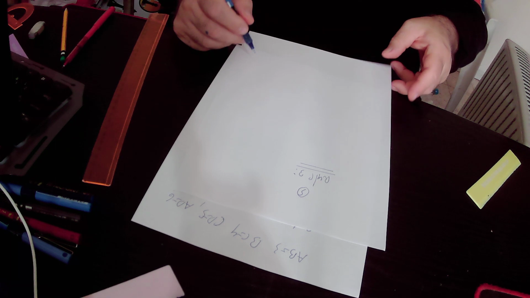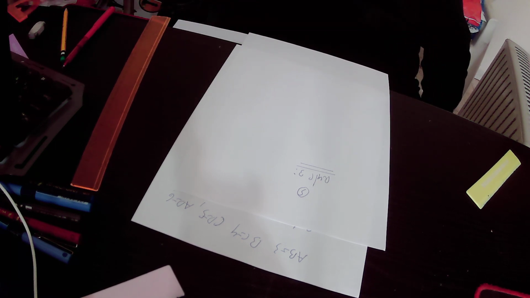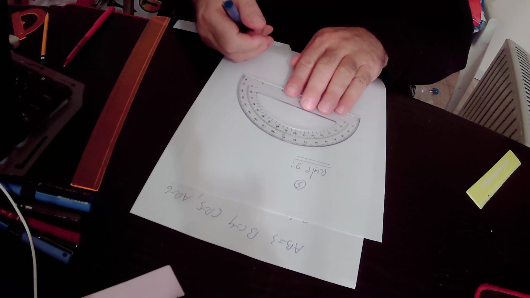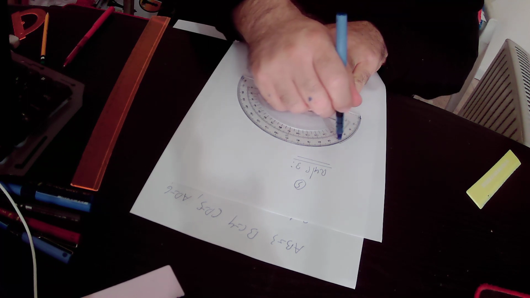Suppose that we have a triangle that is inscribed by a circle.